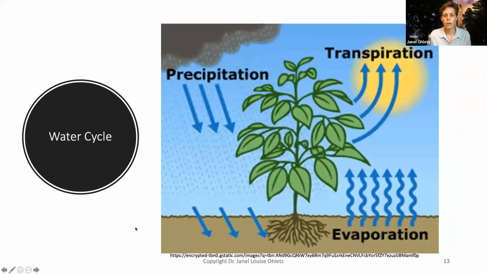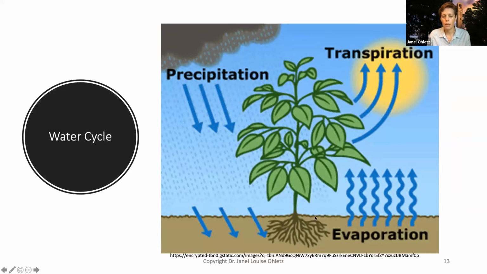So then we have the water cycle, and this is equally as important as the carbon cycle, because without water, and without soil, we don't have life. And so this water is important for this plant. Of course, we have precipitation that allows that water to come down into the soil, and hopefully that water goes down into the soil. And of course, we have evaporation from the surface of the soil.